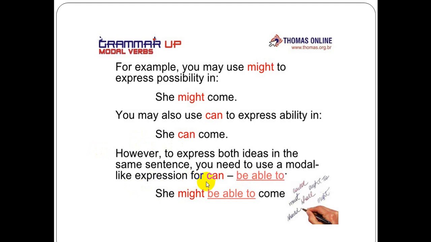Here, for example, instead of can, we can use be able to, combining these two ideas. She might be able to come.